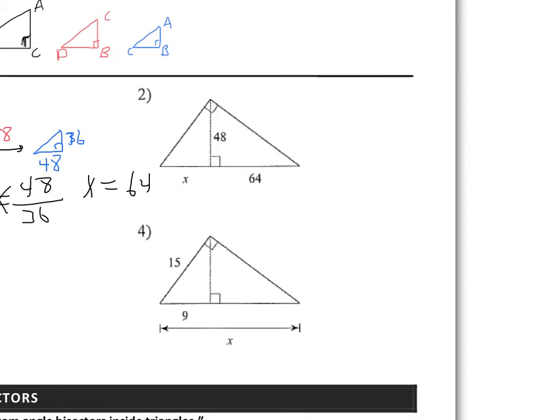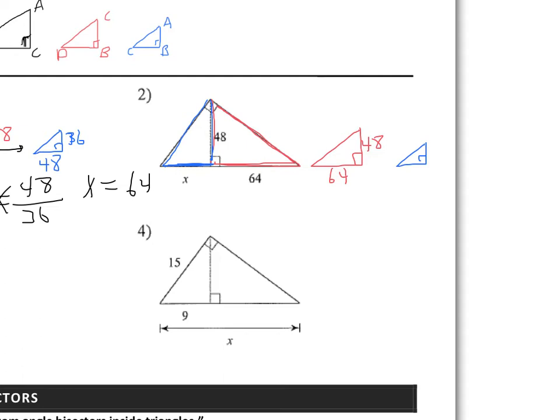So here, if you look at this one, we have information on the middle size triangle. So if I draw that out, and notice I'm drawing the triangle the same every time here. I have the long leg is 64 and the short leg is 48. They want to know this piece of the smaller triangle. That's the small triangle, so if I draw that one out, the X represents the short leg.